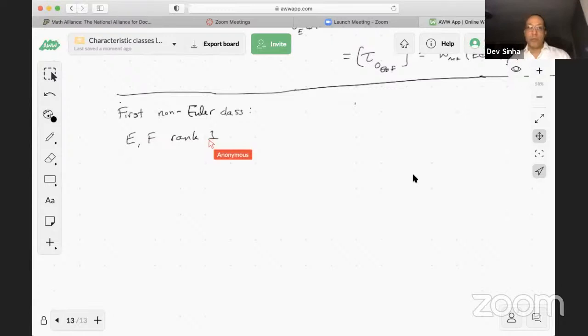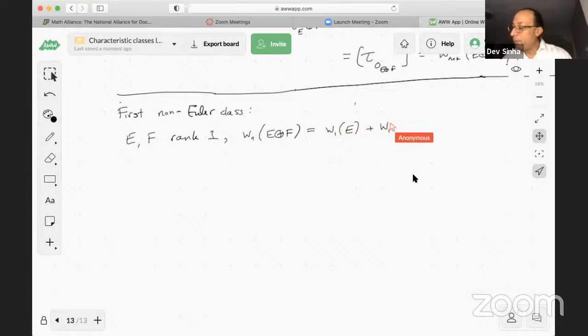So first is by rank. And then if I look at W1 of the direct sum, that's not an Euler class. W2 would be the Euler class, and I'd have a formula for that. And Whitney sum says that should be the sum of the first Stiefel-Whitney classes of E and F individually.